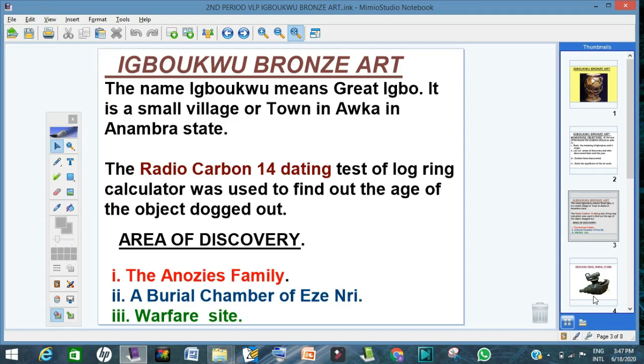Then you have the burial chamber of Ezen, maybe a traditional chief. Until Christianity came, they had to do away with all the things the Ezen was using by then. The other one is a warfare zone, which has to do with Christianity taking over the place by then.